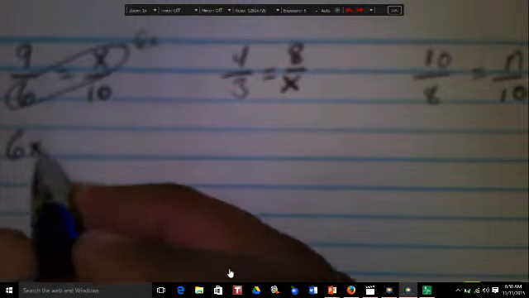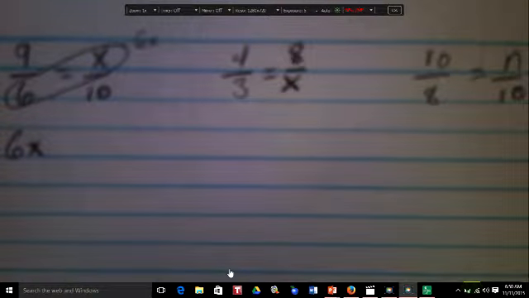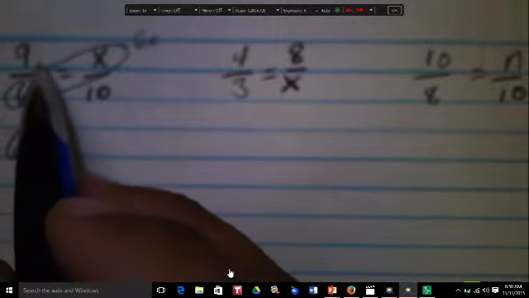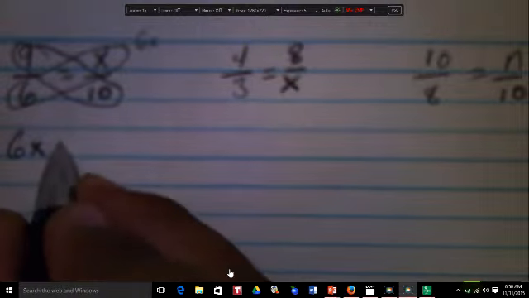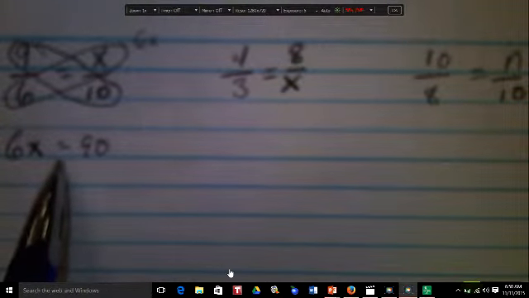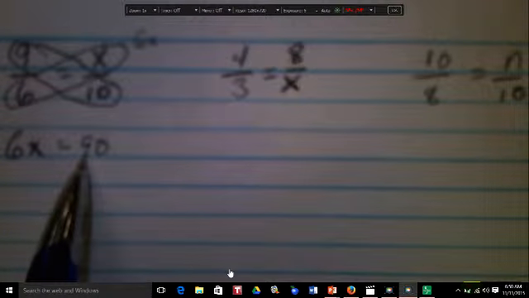And then we cross multiply 9 times 10, and of course that's going to be 90. Looking at your problem now, it looks just like an equation: 6x equals 90.